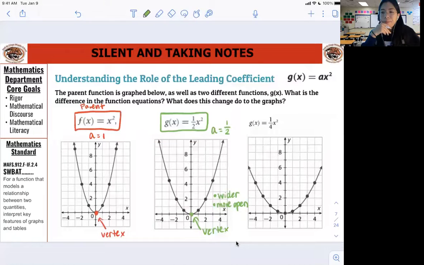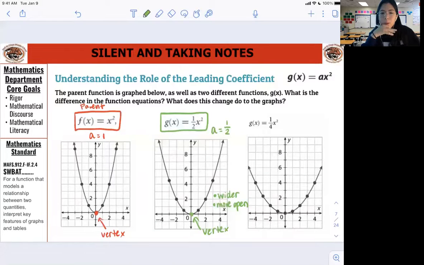More open. Any other descriptive words? I'm seeing a word in the chat that I'm going to stay away from, Karina. You'll see why in like 30 seconds. It's a good word, but it might confuse us a little bit.